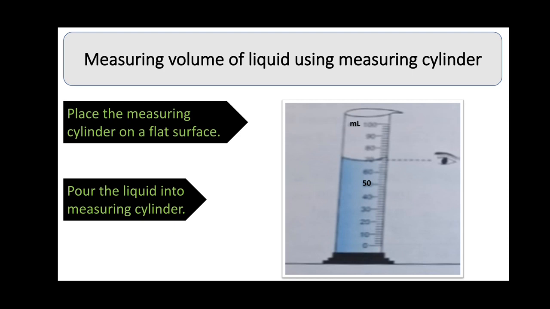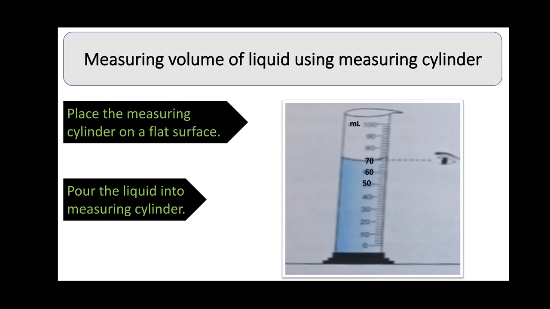Here we can notice that the upper surface of the liquid is curved. Then we have to read the liquid level by keeping our eye horizontally in line with the lower surface as shown in the figure. Thus, we can measure the volume of liquid.